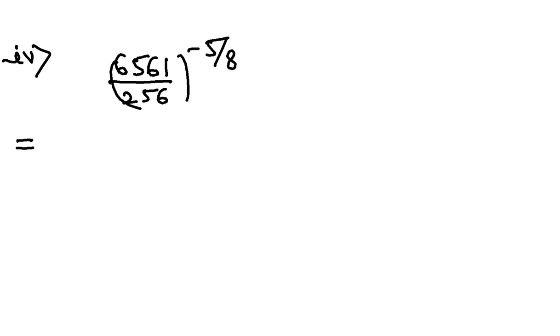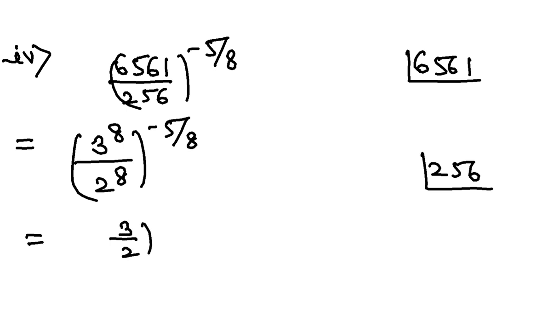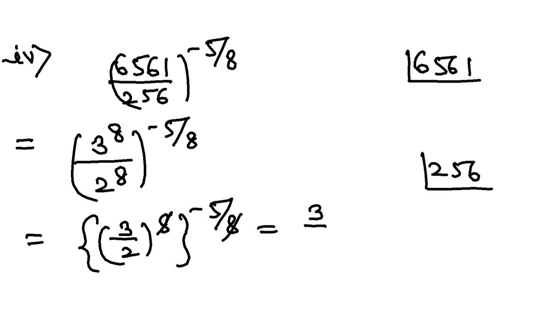Now you have to prime factorize 6561 and 256 and you will realize that 6561 is 3 to the power 8 and 256 is 2 to the power 8. Again you have minus 5 by 8. Then this can be written as 3 by 2 whole to the power 8, again whole to the power minus 5 by 8. 8 and 8 cancel. So I am left with 3 by 2 whole to the power minus 5.